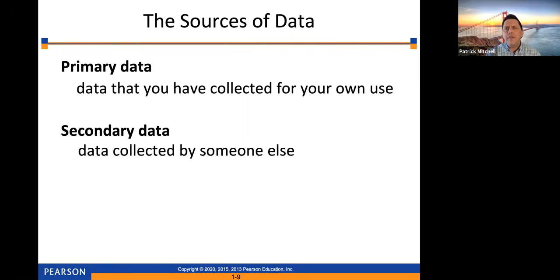If you're interested in the subject of English, this kind of reminds me of primary sources and secondary sources. So primary sources are things like journals. They are the first to report the information. And then a secondary source might be something more like a newspaper that is reporting what was reported in the journal, all right? So primary and secondary data, it's kind of a similar concept.